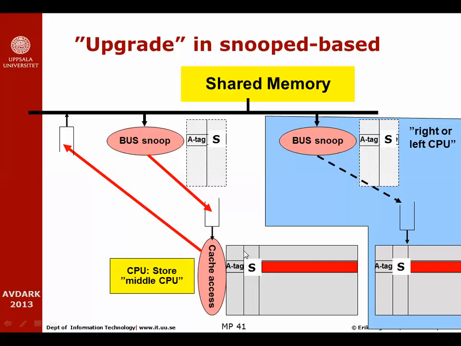It says, whoops, this cache line is in state shared. I can't really write this right away. I have to tell the world about this. So a bus invalidate will be sent out on this Snoopy-based bus. And this bus invalidate will be snooped by its own state machine as well as the foreign bus snoop state machines.